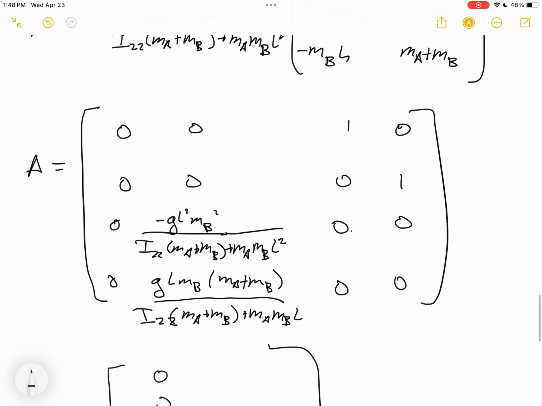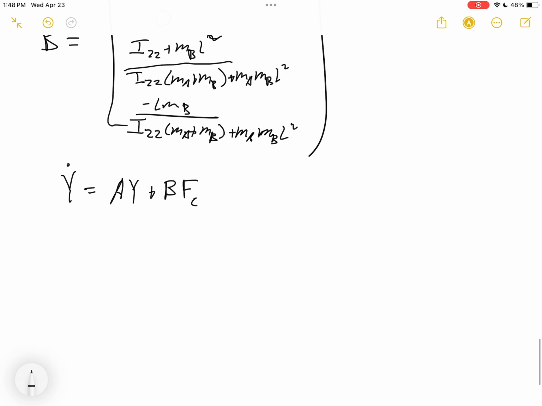And so now that we're in state space form, we can choose a value of Fc, that control input, to control this inverted pendulum to stay inverted even if we have disturbances.